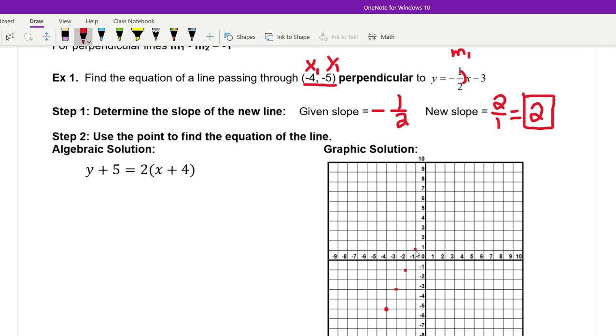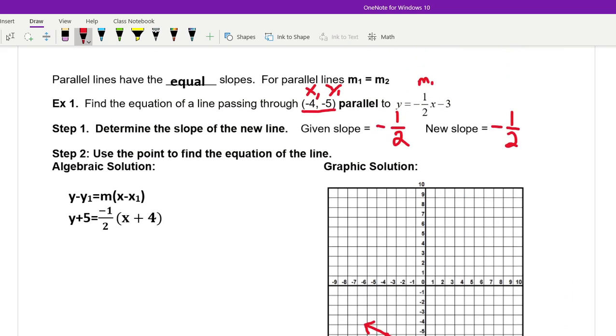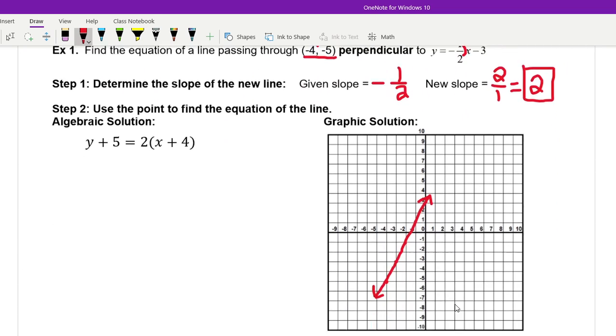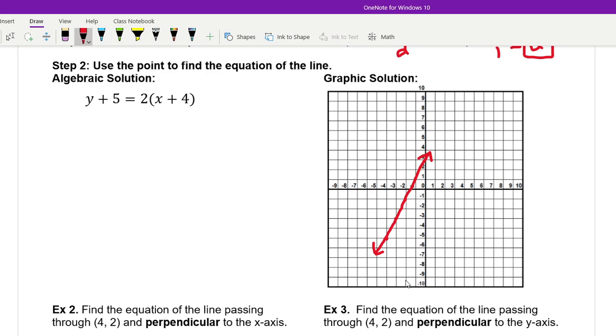Almost went too far. So in this case, if you look at our two lines, you can tell that they will intersect each other at a very specific angle. That angle would be 90 degrees.